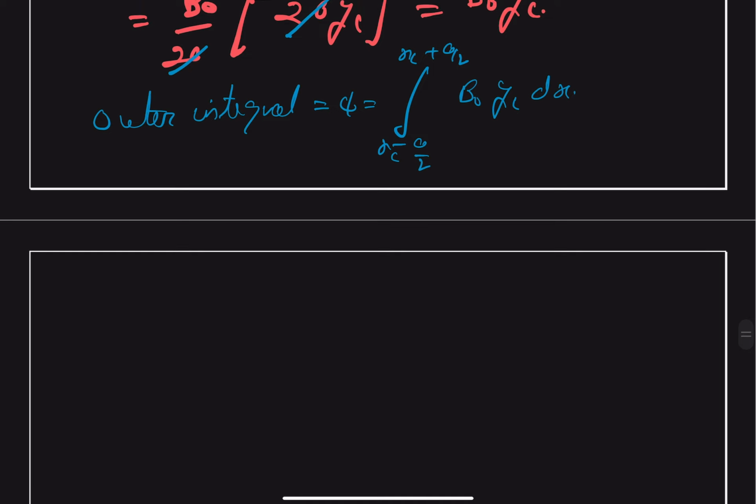We can also just write it directly: b naught yc will be common, and inside we have dx. We substitute the limits xc plus a by 2 and xc minus a by 2, and xc and xc cancel out. So we get a by 2 plus a by 2, which is nothing but a. So we get b naught yc multiplied by a.